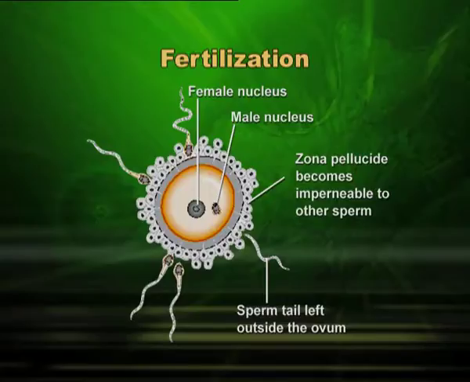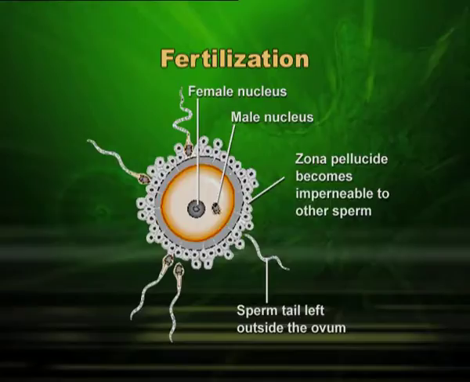The gelatinous layer is zona pellucida and the cellular layer is corona radiata. This sperm will penetrate the outer layer and try to enter in. The moment it pricks, the outer layer of ova becomes hardened and hence a second sperm cannot make the entry.